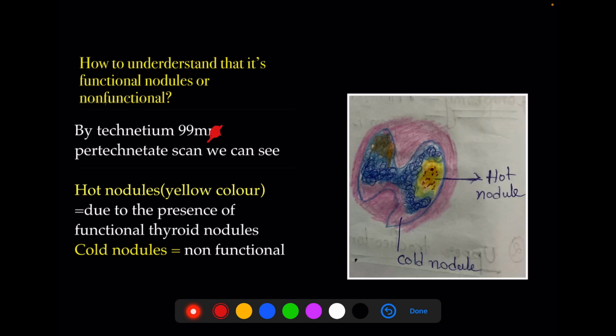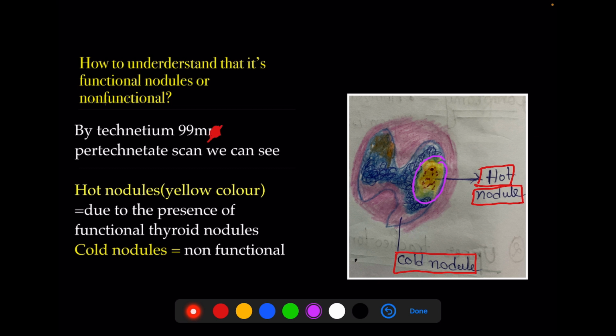As you can see here in the picture, this one is a hot nodule and this one is a cold nodule. So how can you understand whether it is hot or cold? In hot nodules, you can see a yellow color. This color is due to the presence of functional nodules. As they pick up the technetium 99m, the area lights up, this area.